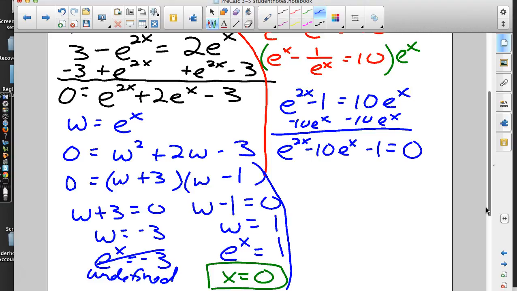Cassie, you said something, but I couldn't hear you. Quadratic formula? Yep. Everybody want to work with e right now or later? Later? Let's substitute then.